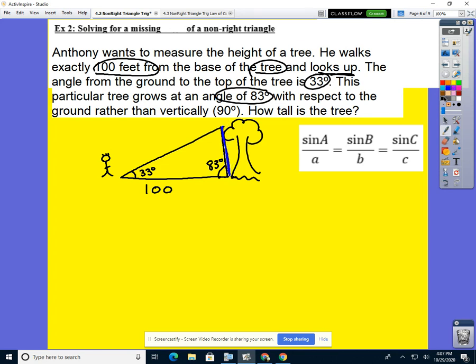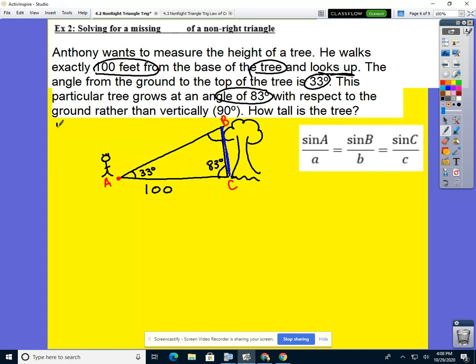So I'm going to label my triangle. I'm going to say this is A, B, C. When I take a look, I don't really see any pairs, but I could fill in some information. So this third angle, with 33 and 83, if we think about a fact that we probably know, what do all angles inside of a triangle add up to? 180.